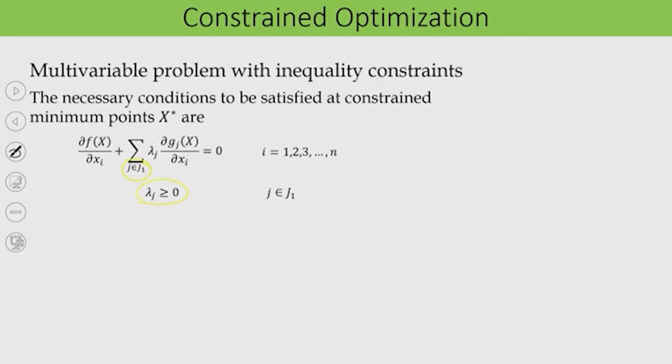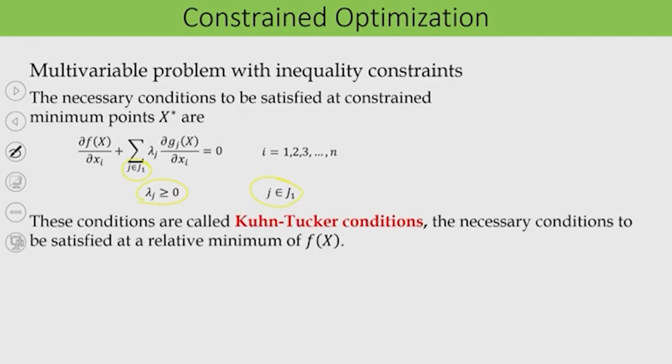So for the active constraint we get another condition, that lambda j should be greater than 0. These conditions are called the Kuhn-Tucker conditions, the necessary conditions to be satisfied at a relative minima of f x.